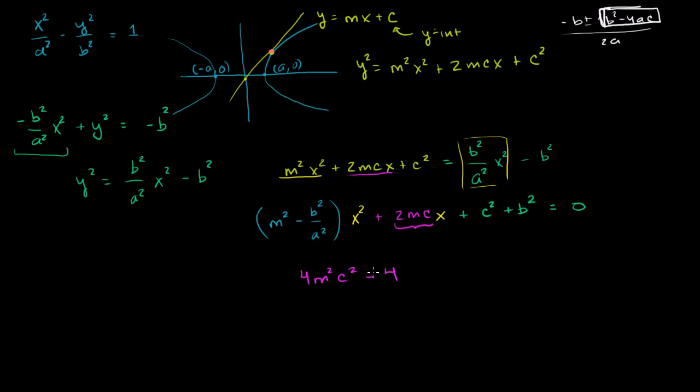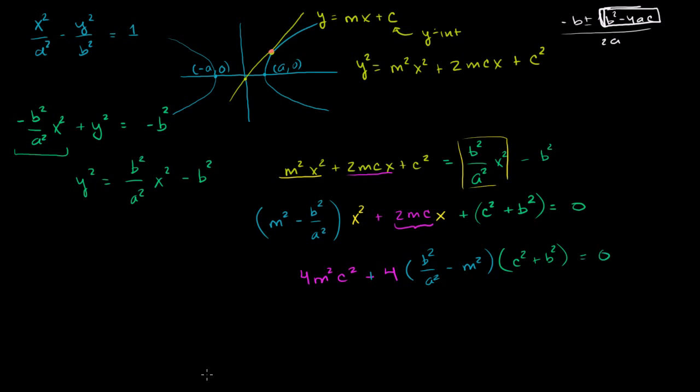So it'll now be b squared over a squared minus m squared. And then the c is this term right over here, c squared plus b squared. And this thing is going to equal 0 if this line is tangent, if we only have one solution.